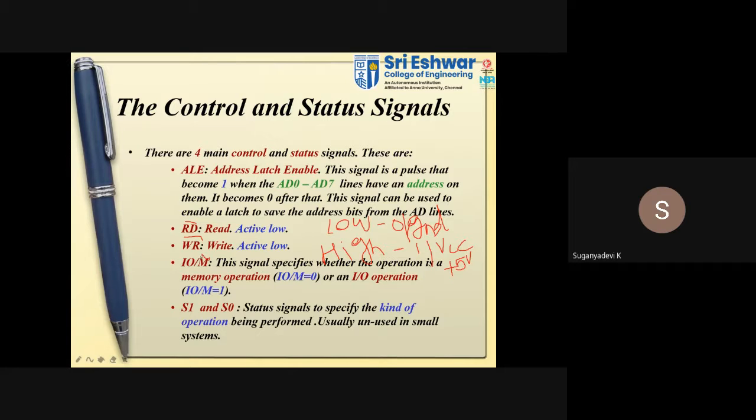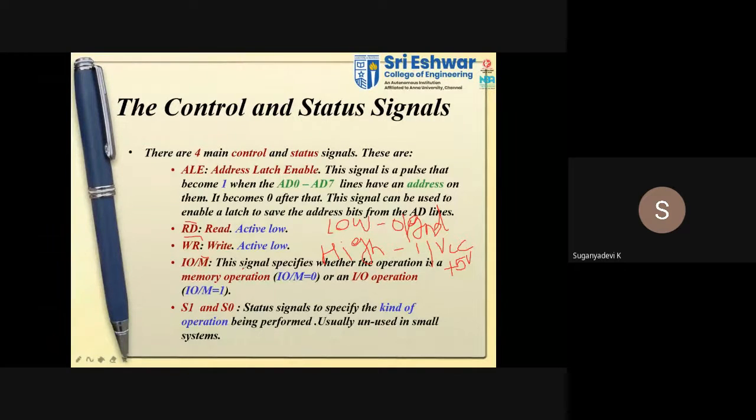IO/M bar means when I give 1 to this particular pin, the input-output operation will take place, and when I give 0 to this pin, the memory operation will take place.